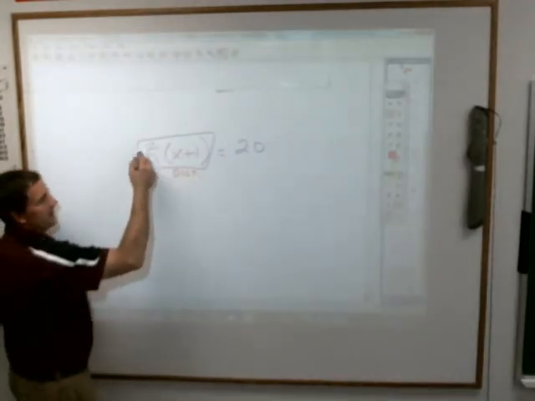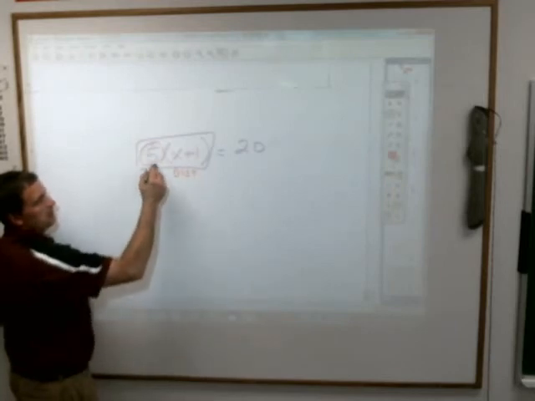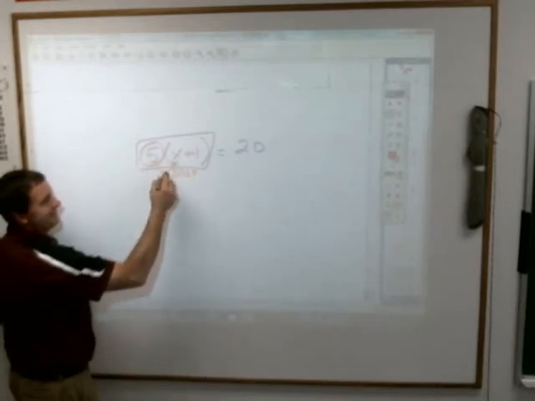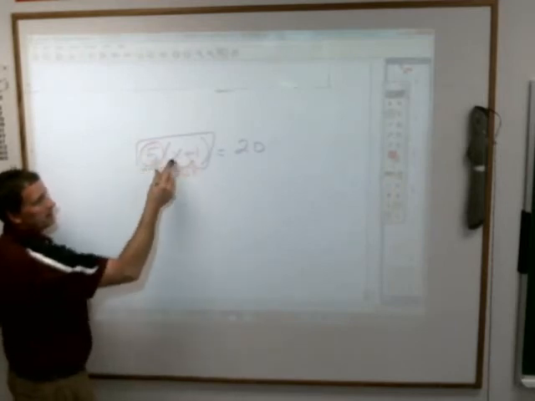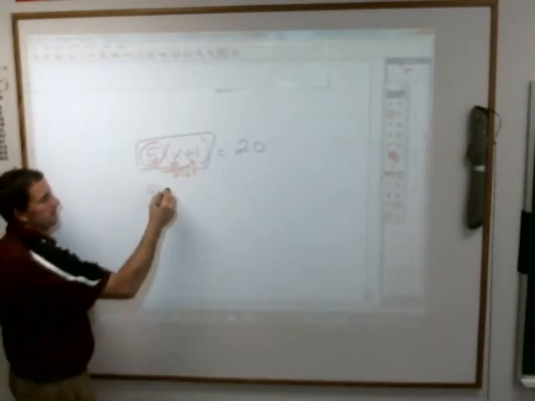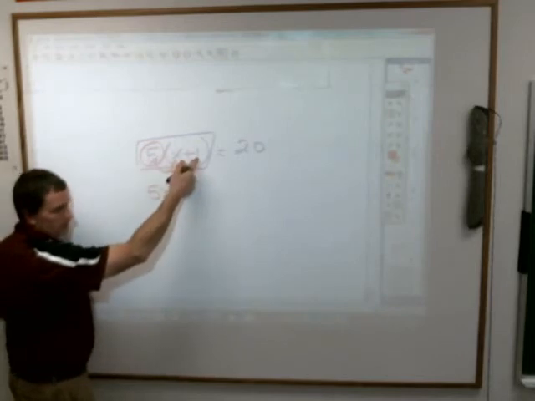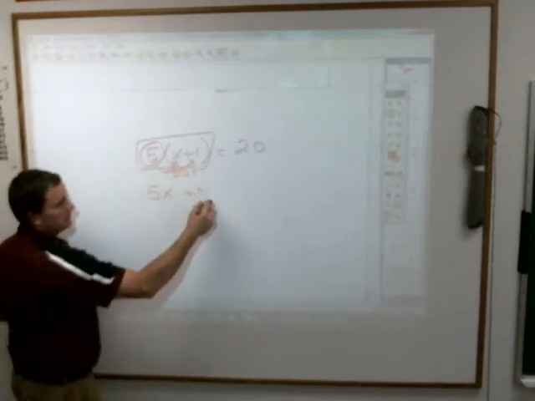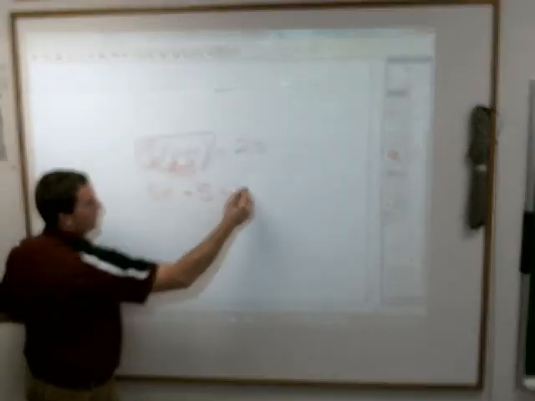I take this 5 on the outside of the parenthesis and multiply it by every term inside. What is 5 times x? It's just 5x. Trust me on that. What is 5 times 1? 5. And now that equals 20.